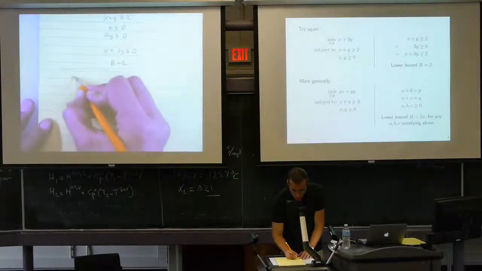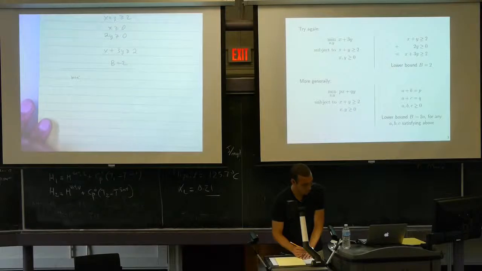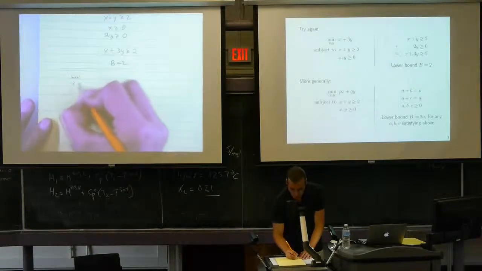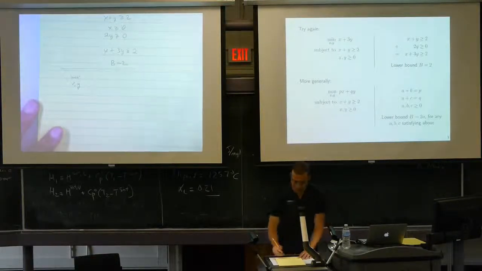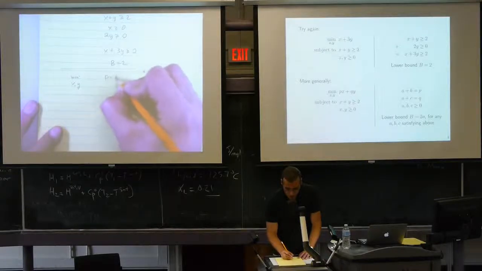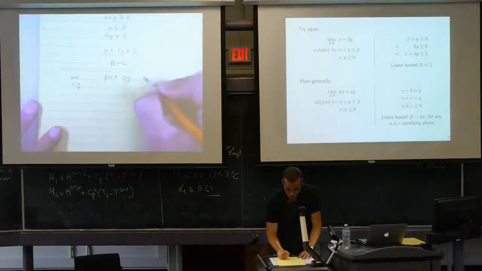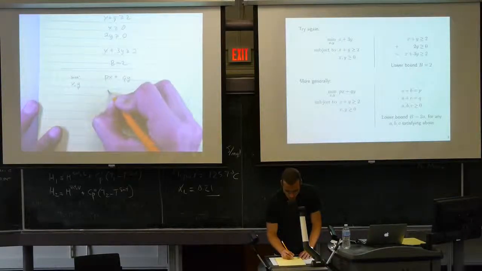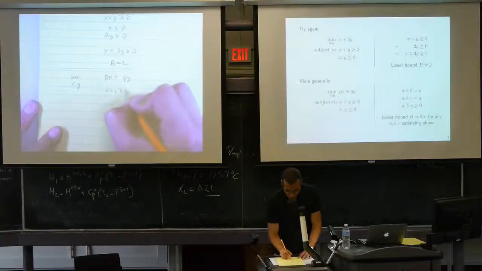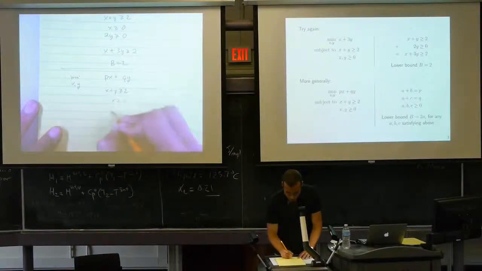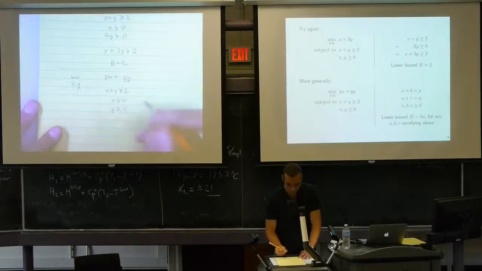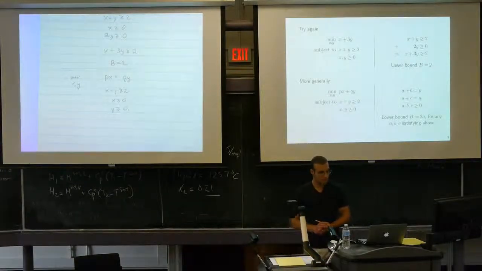So let's do this, but with an objective function that takes an arbitrary form, and we'll see if we can spot a pattern. So if I have px plus qy, and I have the same constraints, say x plus y is bigger than or equal to 2, x is bigger than or equal to 0, and y is bigger than or equal to 0, what would I do here?